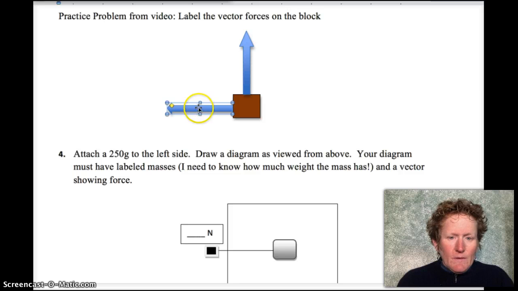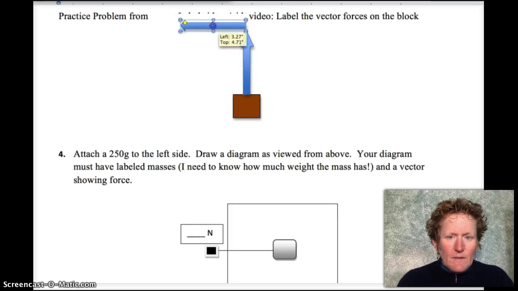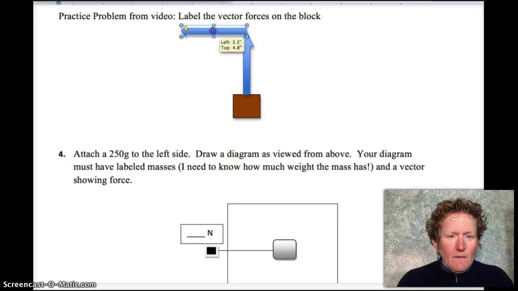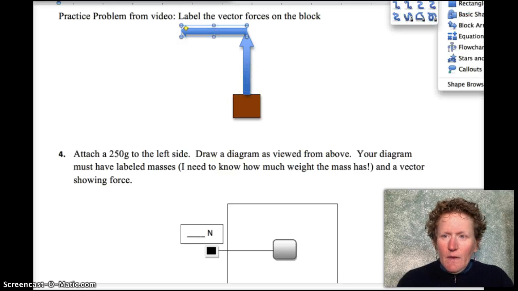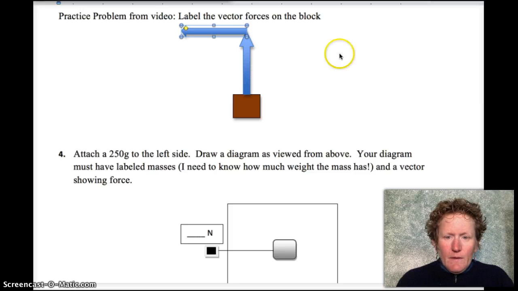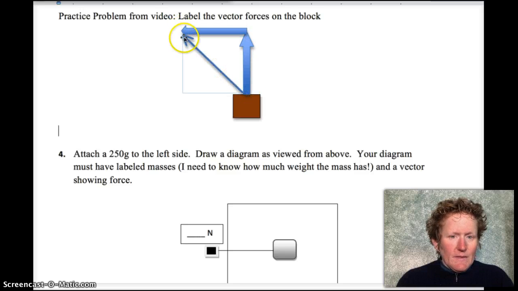When you add two forces like this, you add them tip to tail, and the force that results is just going to be the two arrows added, and you draw from the tail to the tip like this to add those two forces. And we know the block slid off like that.